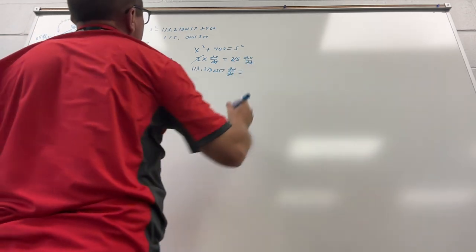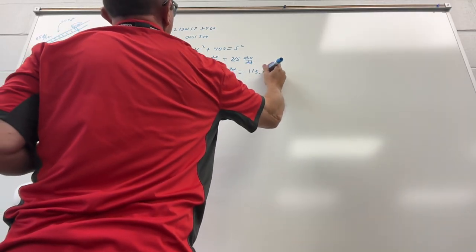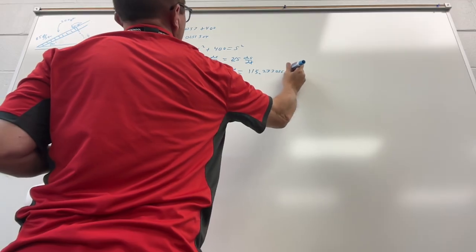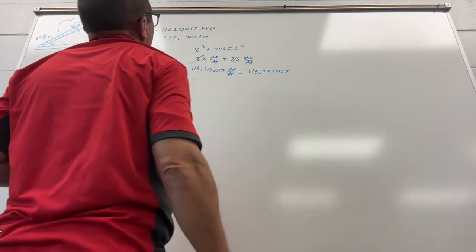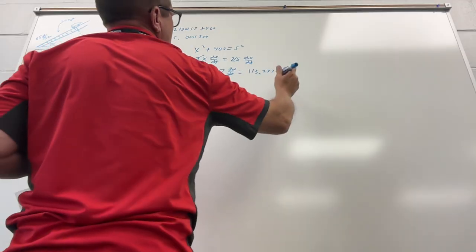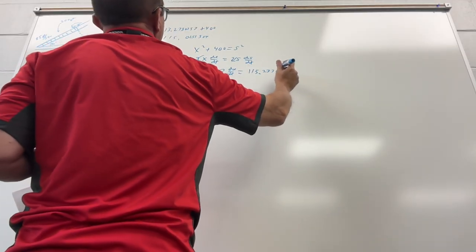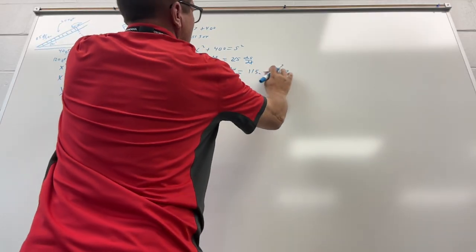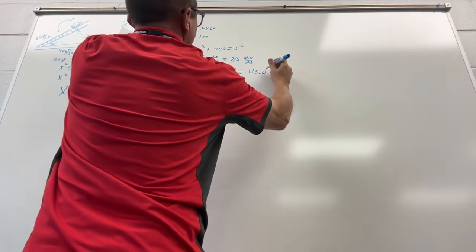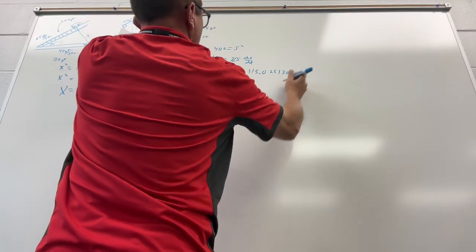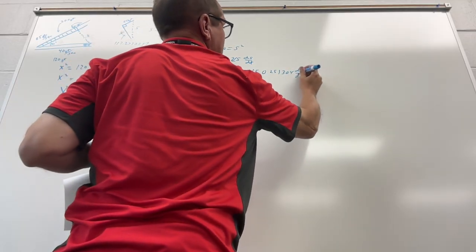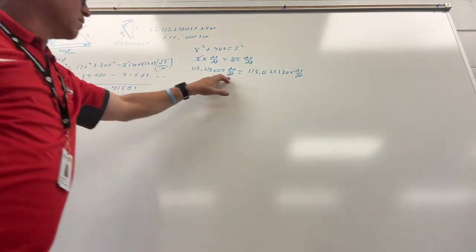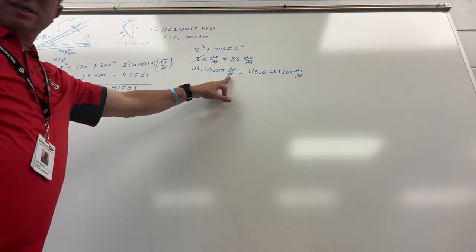And S is 115.0251304, and it's ds/dt. So this is ultimately what we're trying to solve for. We're going to have to figure out dx/dt first.